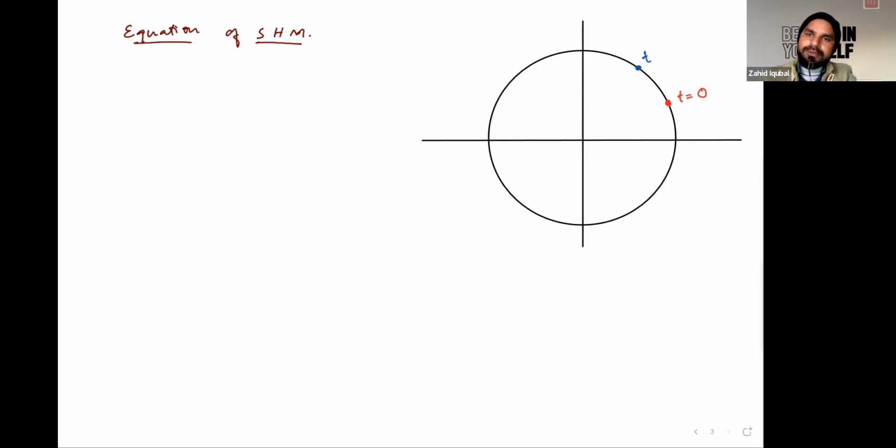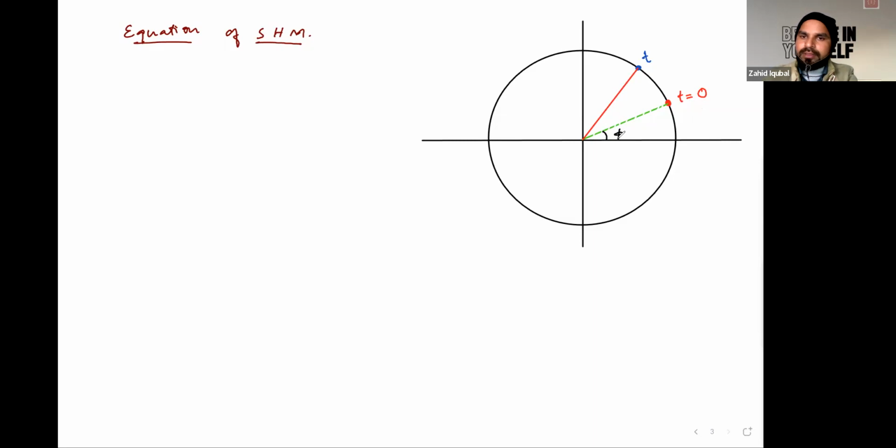At t equals 0, this line may have some inclination with respect to the x-axis.